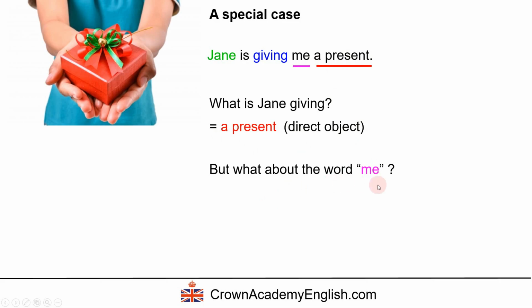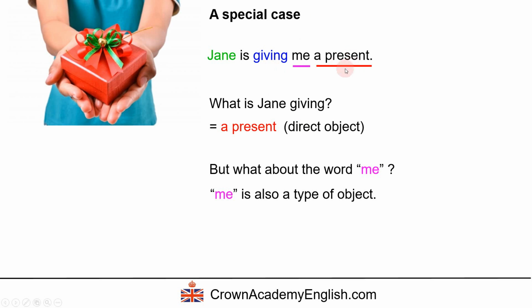But what about the word me? Here, we have another word after the verb. So what is this? Well, me is also a type of object. It's an object of the verb. So giving has two objects.